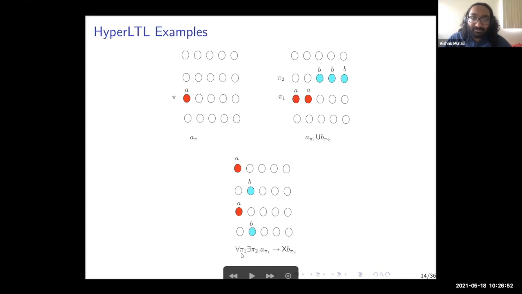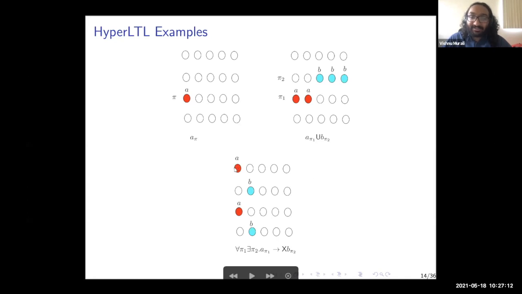This reads as follows. For every trace pi1, which initially satisfies the atomic proposition A, there exists a trace pi2 such that in the next time instance, B is true along trace pi2. So let's start with a set of traces.